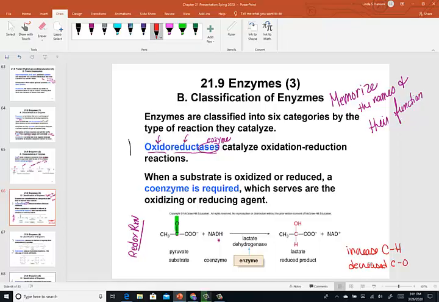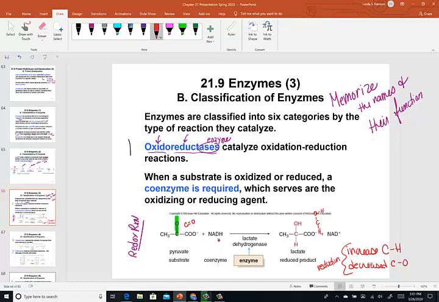Isn't that exactly what happened? Here we had a C double bond O. Now we only have one bond to an oxygen and more hydrogen added on. This is known as reduction.